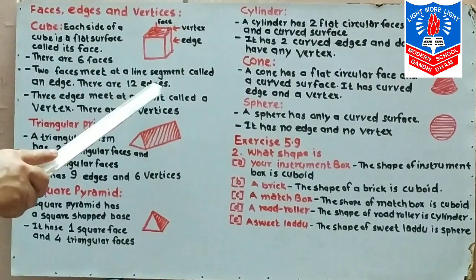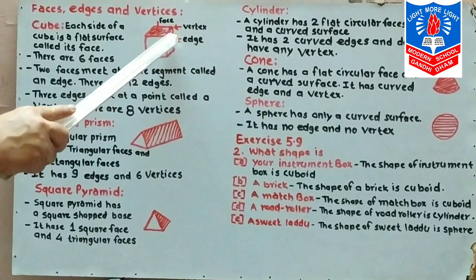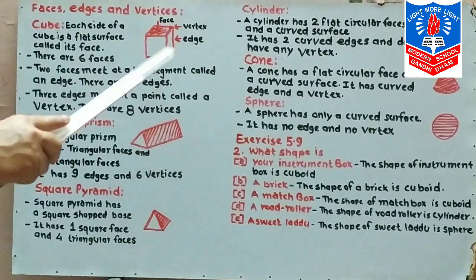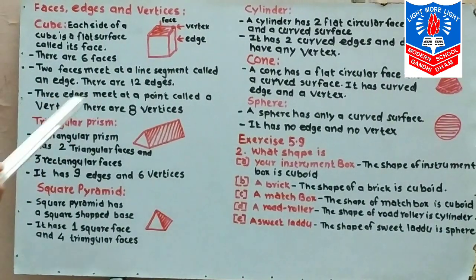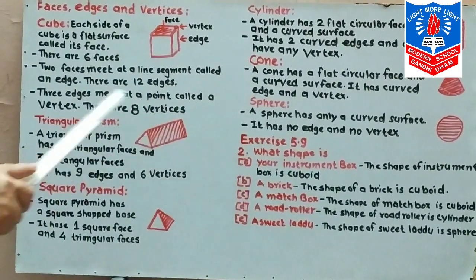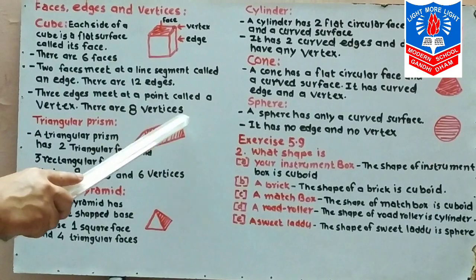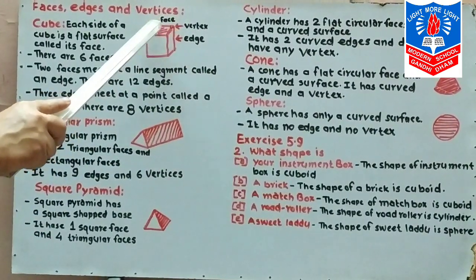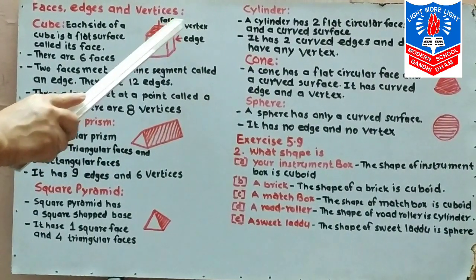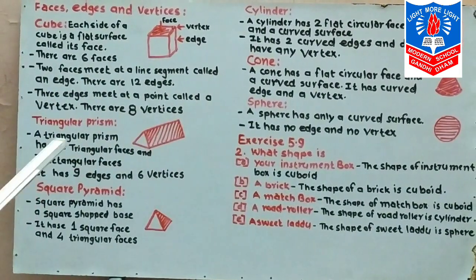There are 12 edges. Means this portion is an edge. A cube has 12 edges. The edges meet at a point called a vertex. There are 8 vertices. This is its vertex, and a cube has 8 vertices.